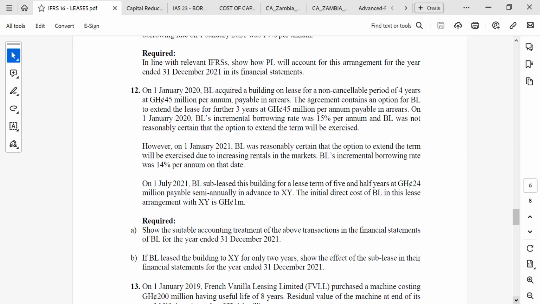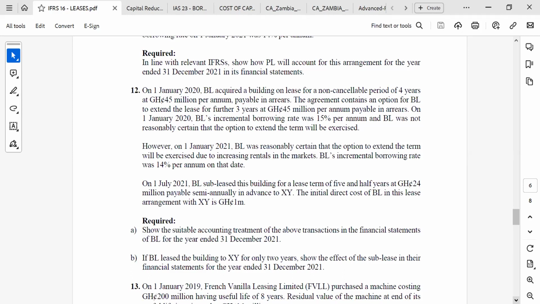However, on 1st January 2021, BL was reasonably certain that the option to extend the term would be exercised due to increasing rentals in the market. BL's incremental borrowing rate was 14% per annum on that date.